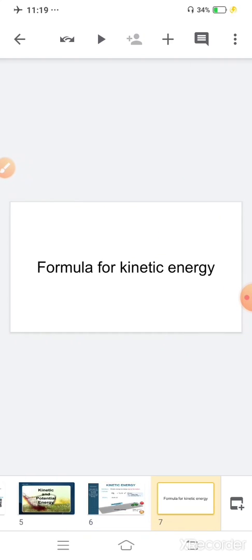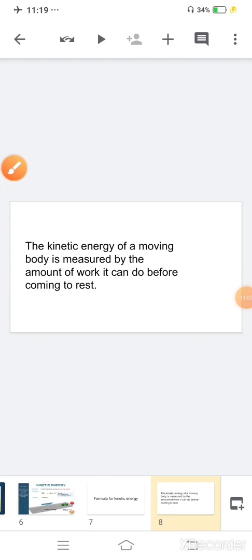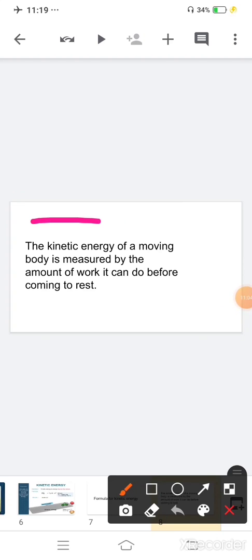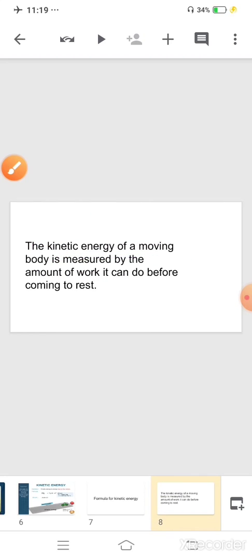Our next topic is formula for kinetic energy. The kinetic energy of a moving body is measured by the amount of work it can do before coming to rest.